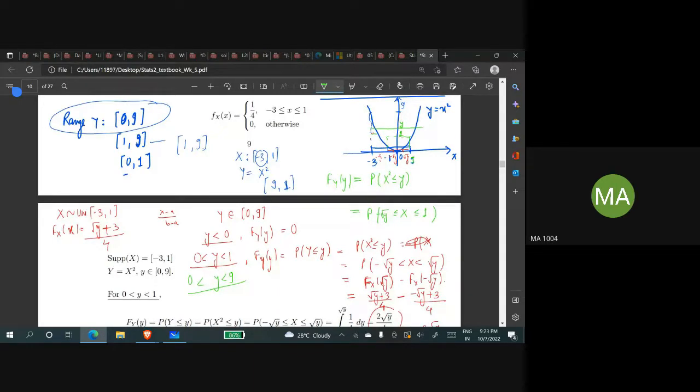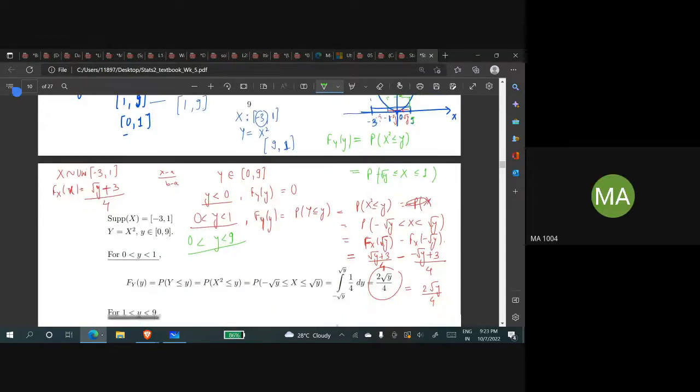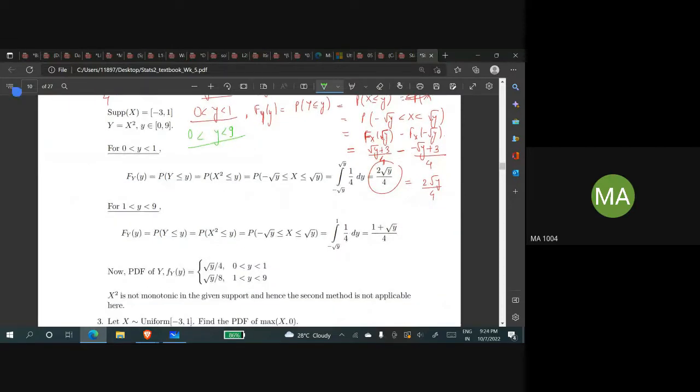So in this case, your pdf will change. What is going to be the pdf? Again, you will just differentiate. What we just stated was the CDF, right?